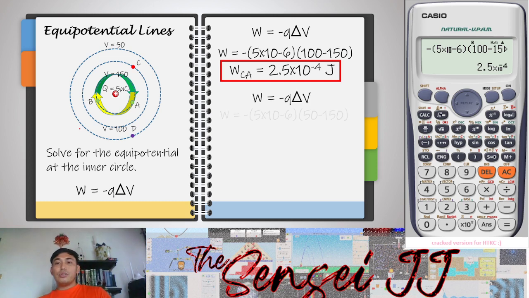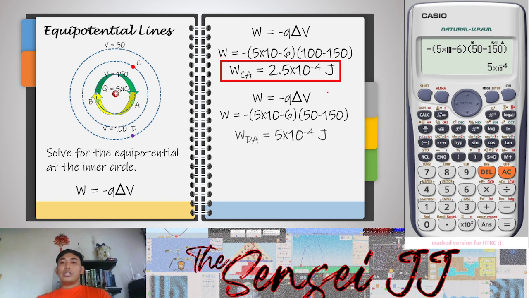So, paano naman sir yung D? So, same pa din, 50 naman minus 150. So, if that will be the case, rewrite lang natin, palitan lang natin yung 100 natin sa calculator. 50 minus 150, and we will be arriving at the answer of 5 times 10 raised to negative 4 for the work of DA.